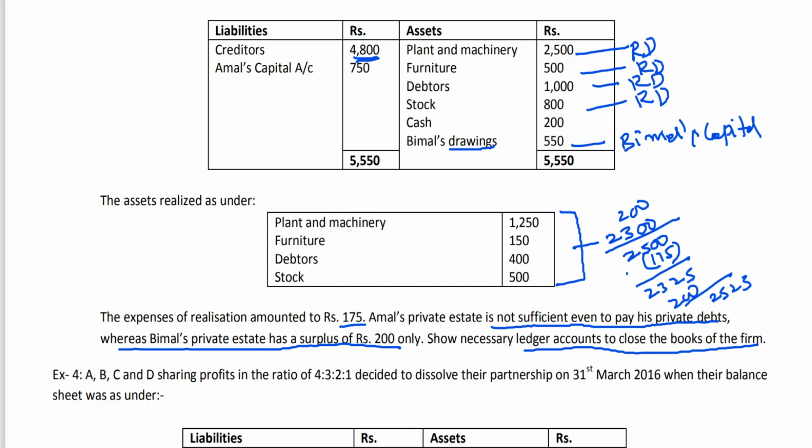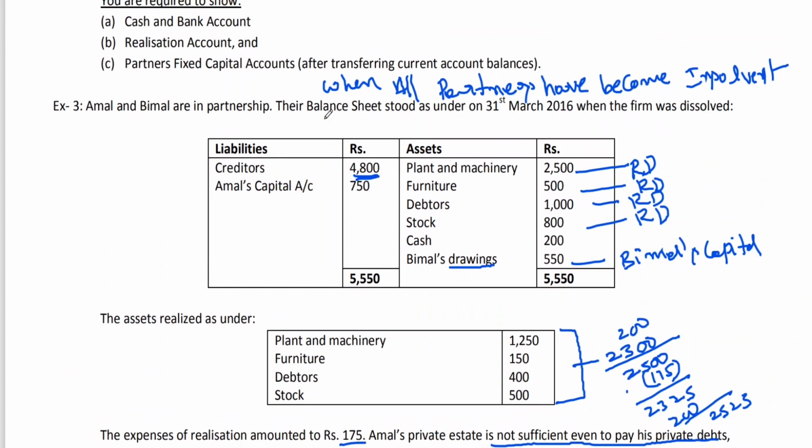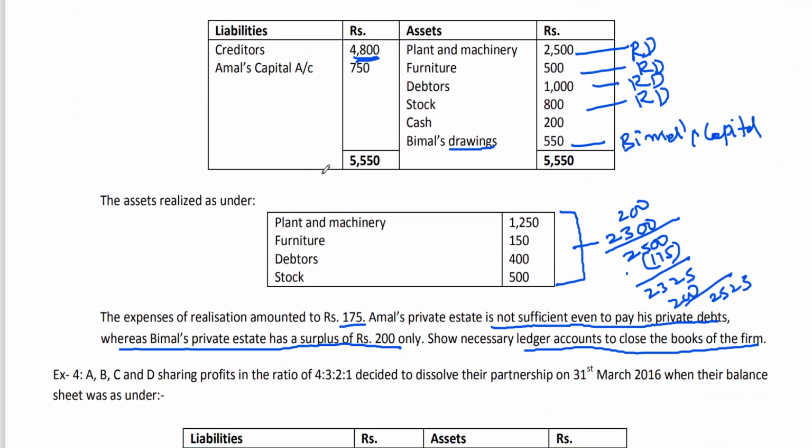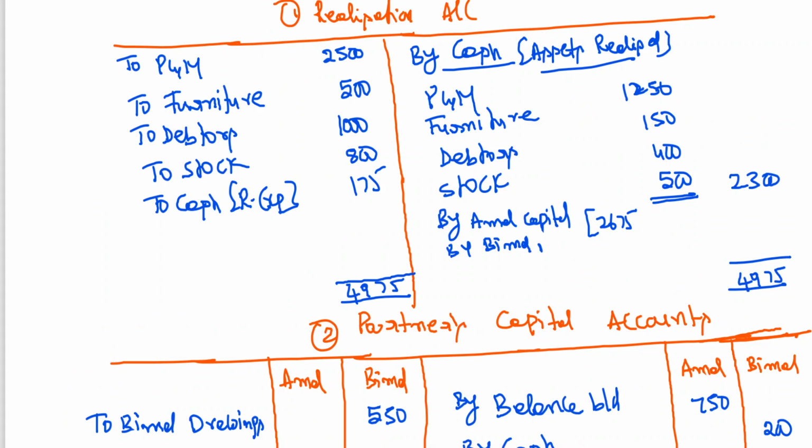Is the ratio given in the problem? I don't think we have any information whatsoever about the ratio. Then when it is not mentioned, we can distribute the loss equally. There is no agreement among partners about sharing of profits and losses. It will be shared equally by the partners.